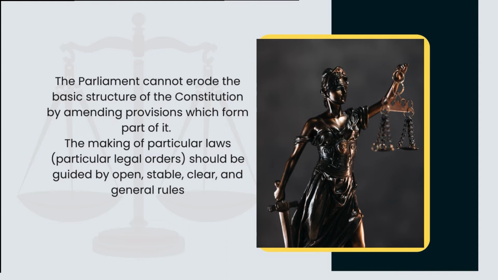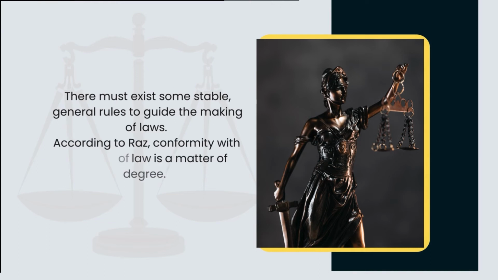The making of particular laws, particular legal orders should be guided by open, stable, clear and general rules. There must exist some stable general rules to guide the making of laws. According to Raz, conformity with the rule of law is a matter of degree.